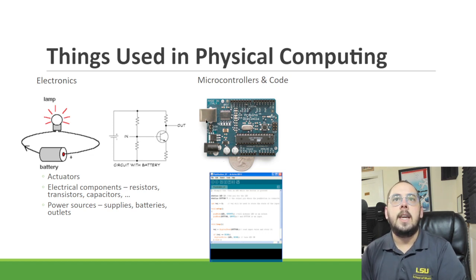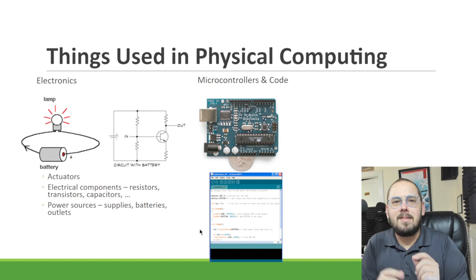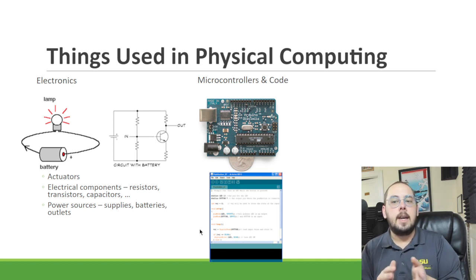You can connect it to a USB or the power supply like I mentioned, and once you've done that, you can run the code that you would have written in a separate program. I'll talk about the code in a different video, but it's based off of the C programming language, so it's got a lot in common structurally with the JavaScript we've been using in this course, but there are some important and distinct differences that I'll get into in a separate video.